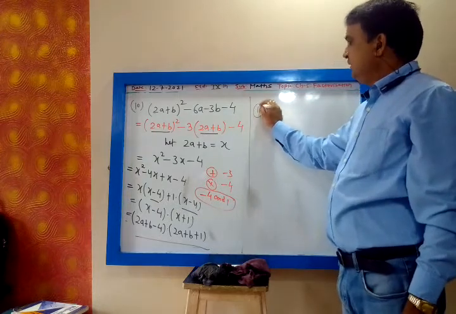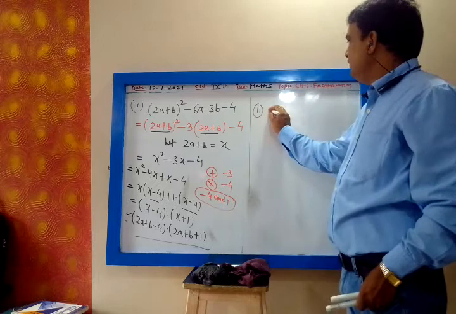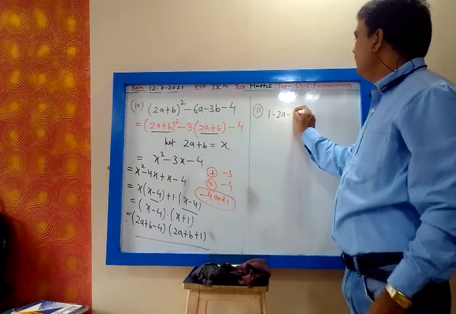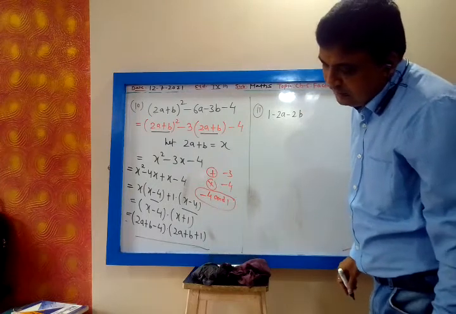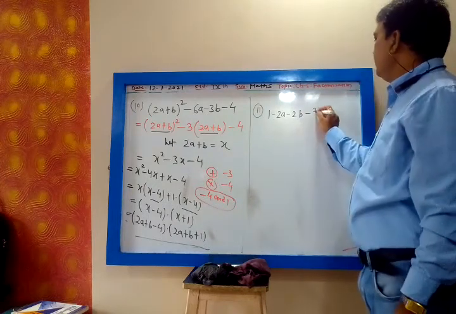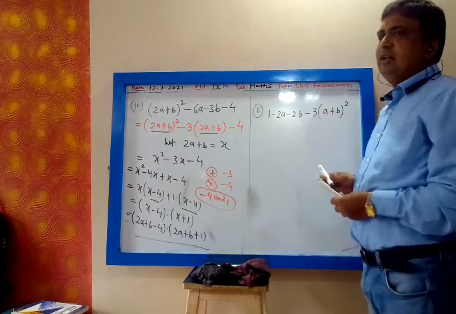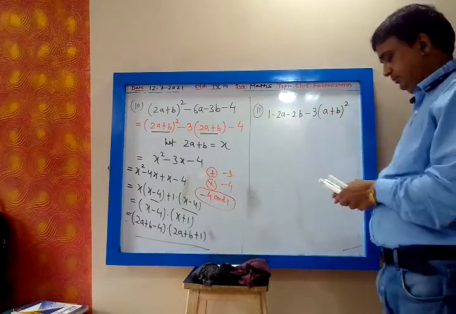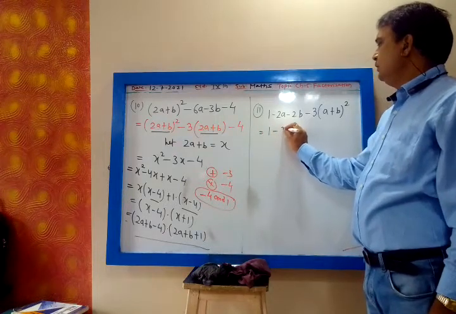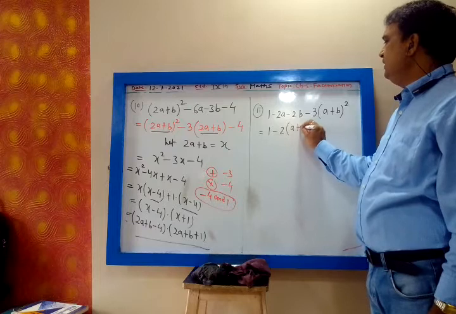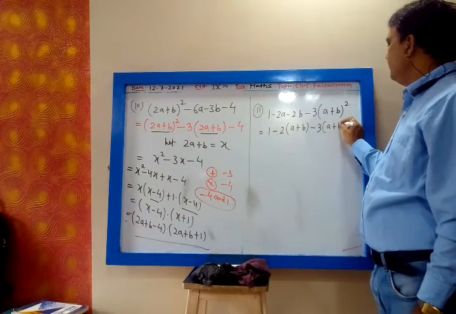11th, it is 1 minus 2a minus 2b minus 3 times a plus b whole square. Let us see, 1 minus 2 times a plus b, minus 3 times a plus b whole square.